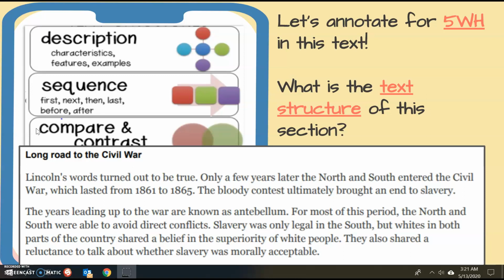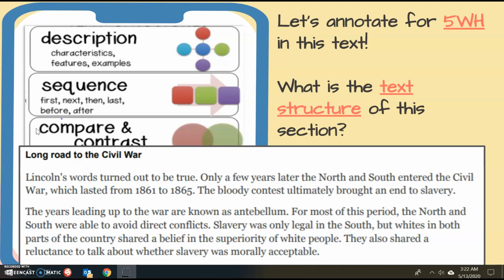Listen as I read the first paragraph. Lincoln's words turned out to be true. Only a few years later, the North and South entered the Civil War, which lasted from 1861 to 1865. The bloody contest ultimately brought an end to slavery.